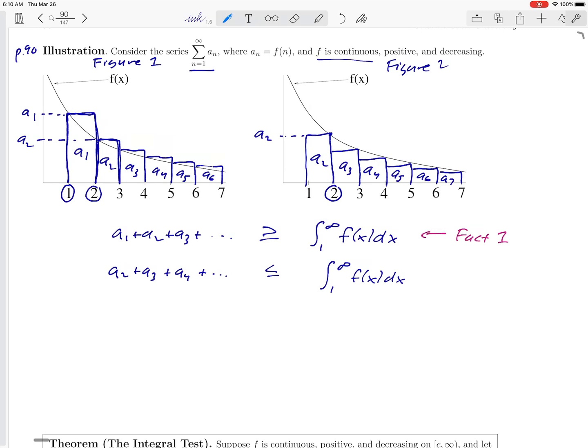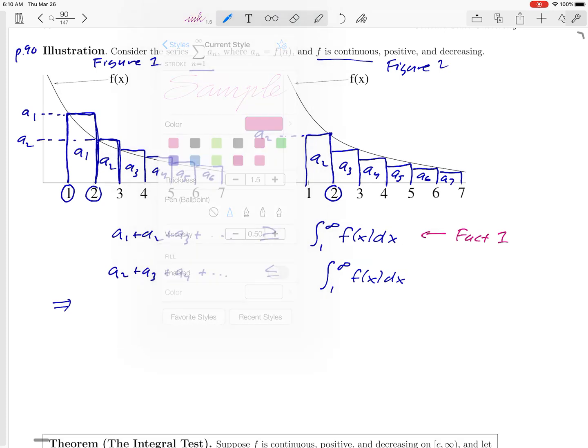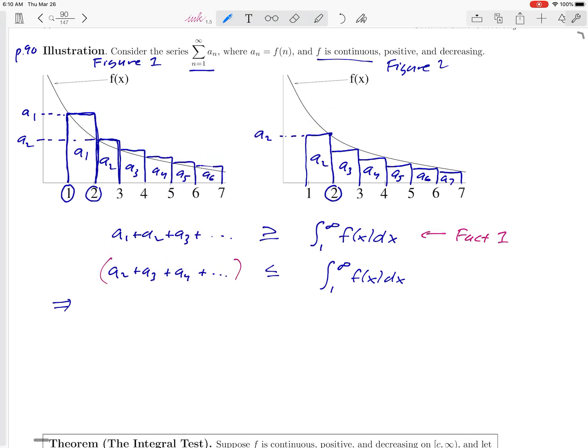If you look at the second equation here, we're missing the term a1, the first term in our series, and so we can do a little algebra to recover that missing term. I'm going to add a1 to both sides of this equation. That's legal as long as we do it to both sides.